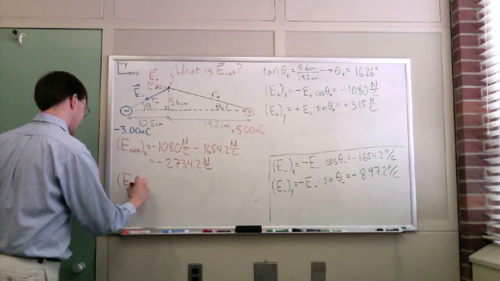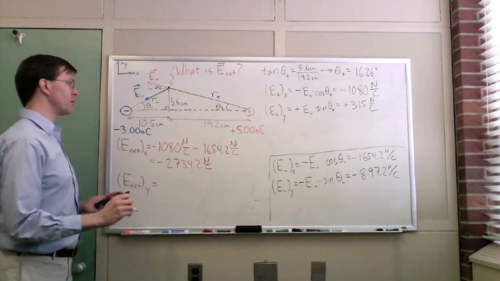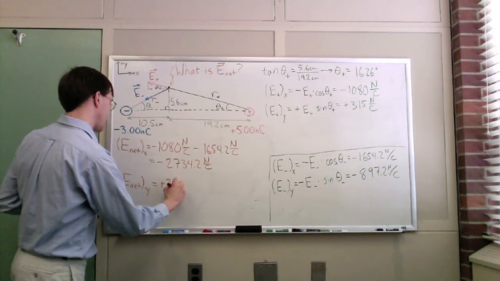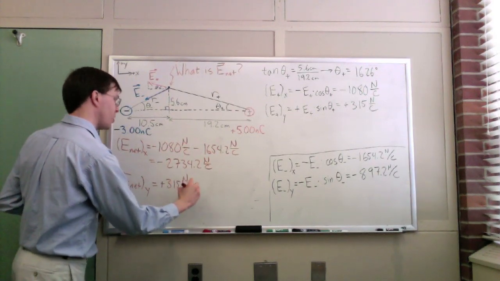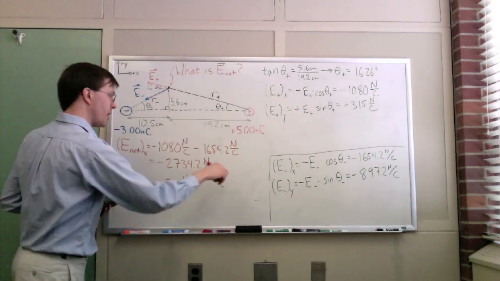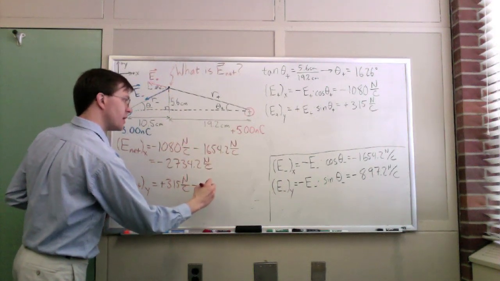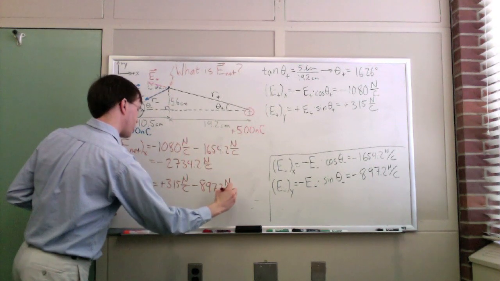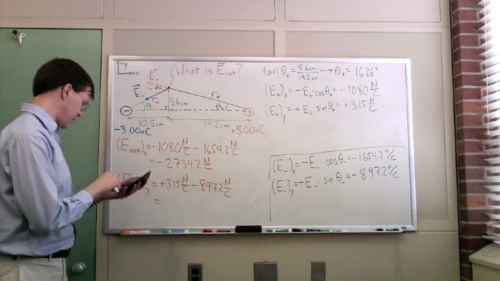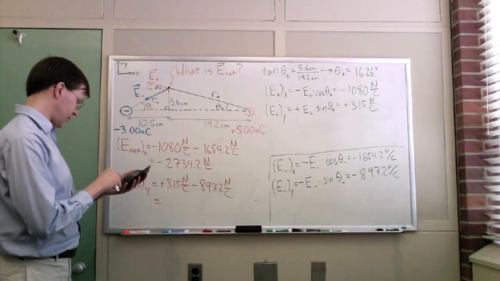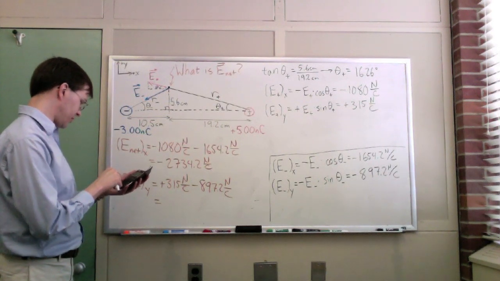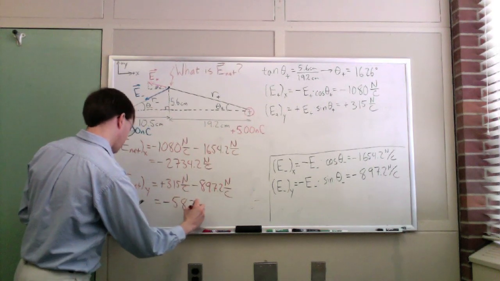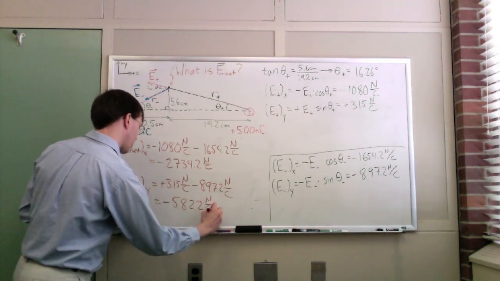And E net Y, my Y component, is the same deal. Here I've got plus 315 newtons per coulomb from the plus charge, and the minus charge gives me minus 897.2 newtons per coulomb. Adding those up, I get minus 582.2 newtons per coulomb.